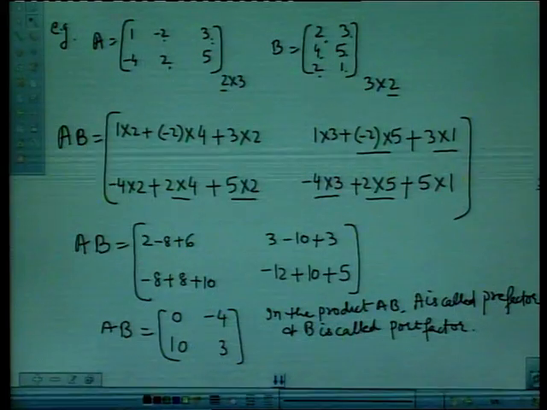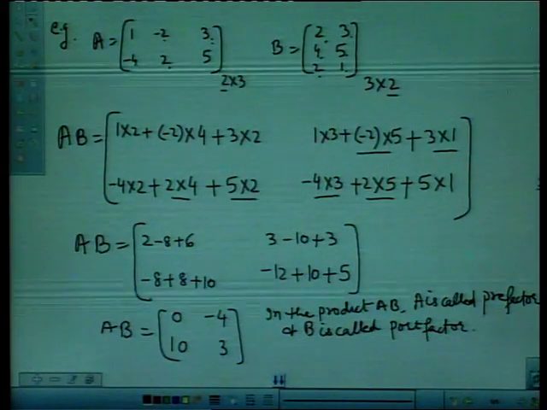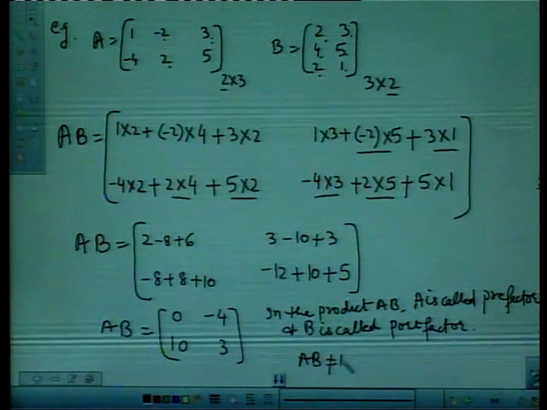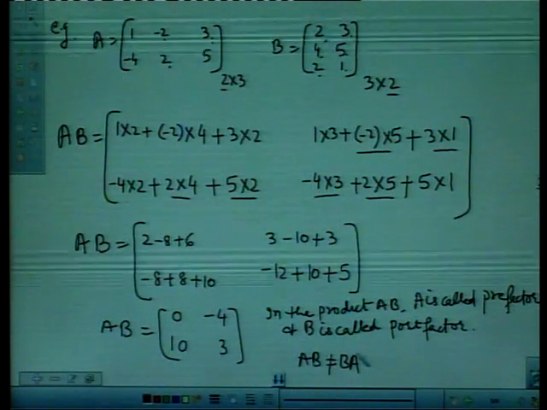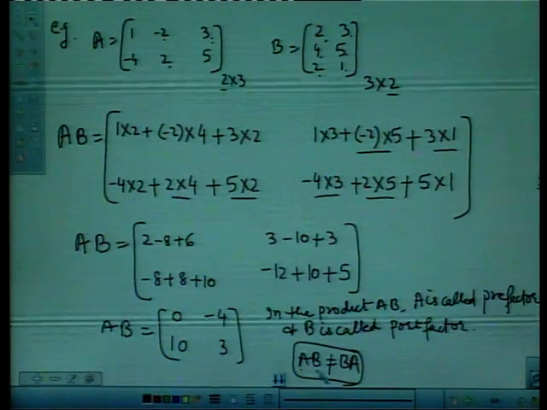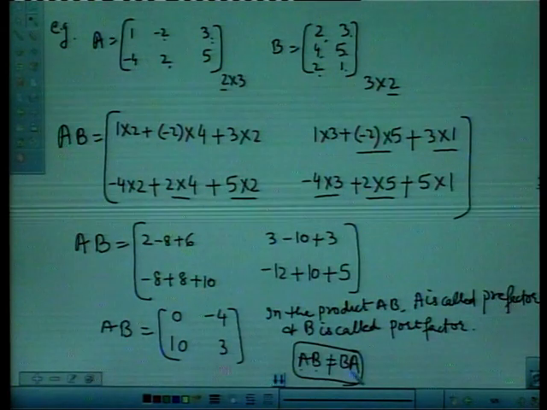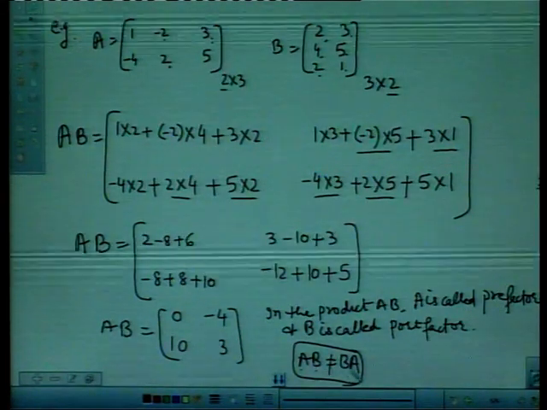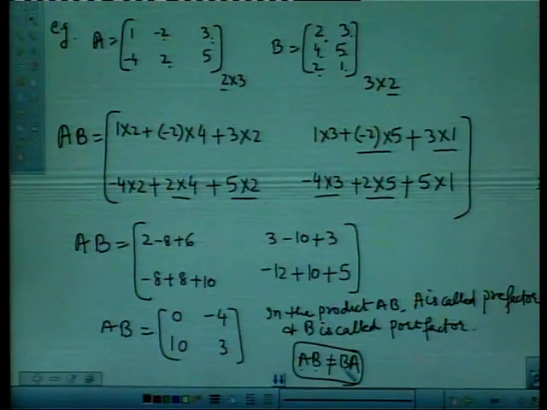One thing is very important: AB is not always equal to BA, means the product of A and B is not always equal to BA. Sometimes it may be equal, but not always.